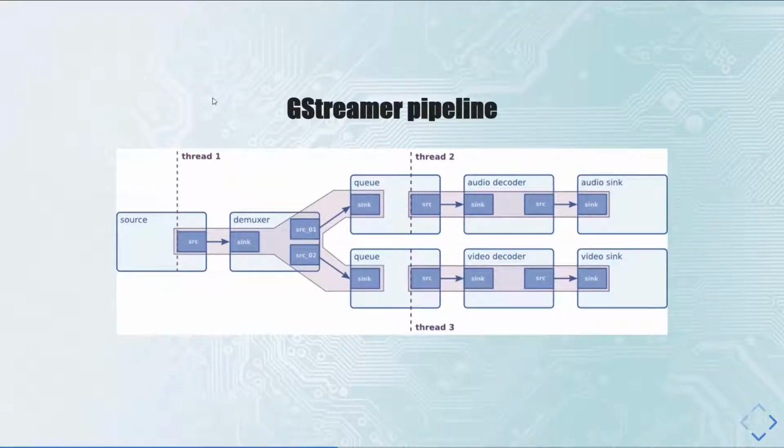The basic concept is that the content flows from a source to a sink. In this example, there is a primary source that could be, as in the demo, an audio-video file or the image acquired by the cameras. In the second pipeline element, there is an audio-video demuxing, and audio and video are treated on two different pipelines. In both, there is a decoding, and the final sink that can be, for example, the playback.